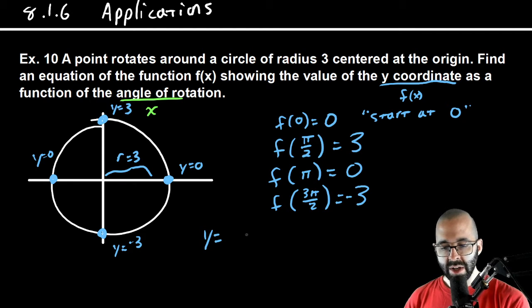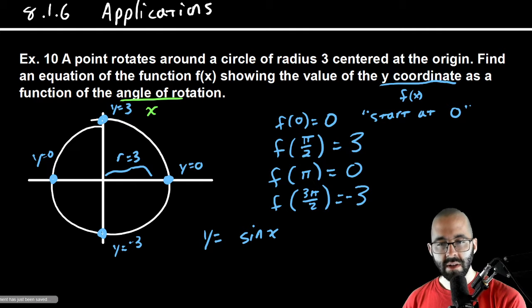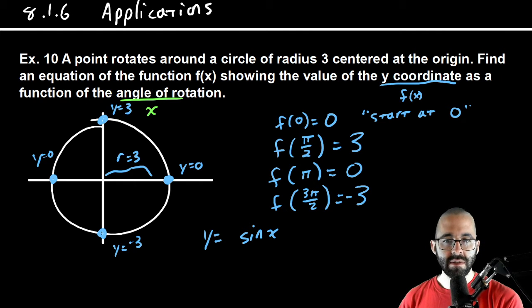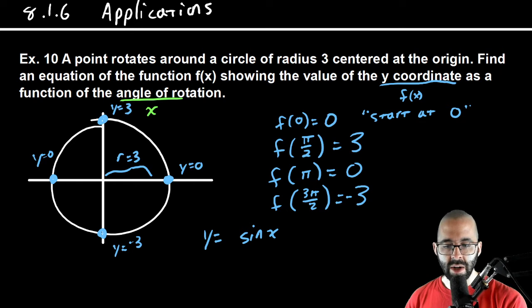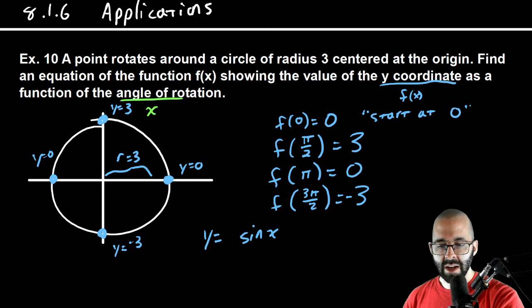So what we're going to do is we know this is a sine graph. And the question is, is there anything else going on? Amplitude, period, phase shift, vertical shift. There's no vertical shift because it starts at 0. There's no phase shift, again, because it also starts at 0. The period is 2 pi, so we don't need to have a b value.